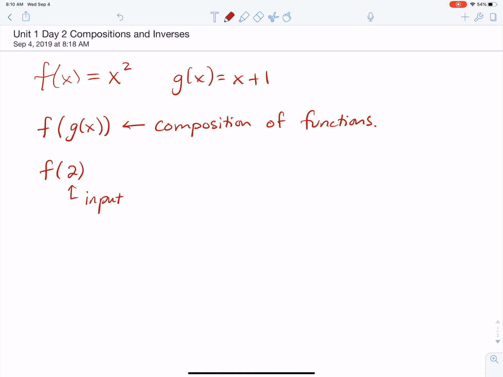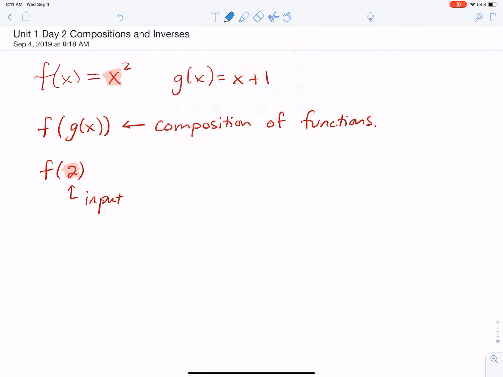And when you're asked to do an input, all that means is that you want to input the 2 in place of the x right here. So whenever you have an input, you want to substitute that in for the x.